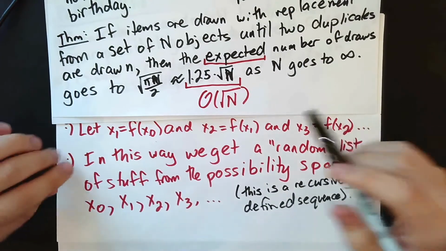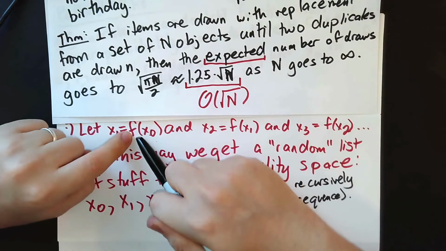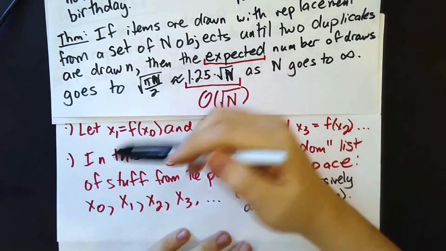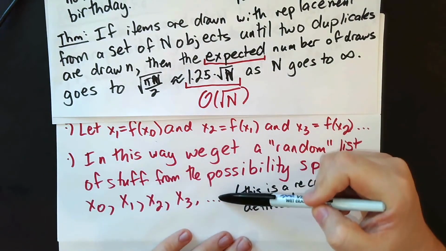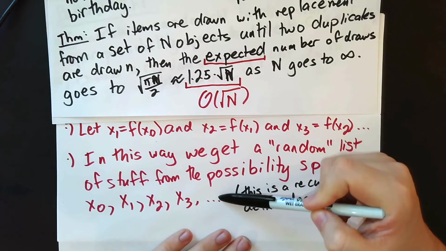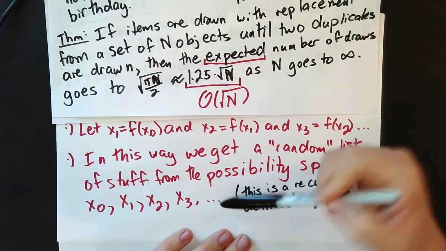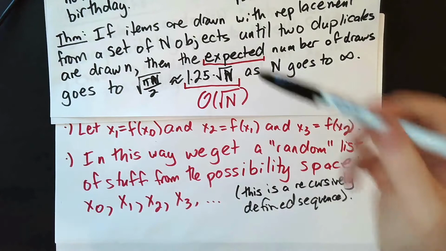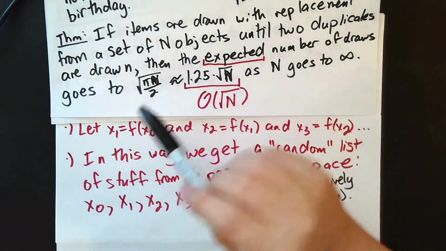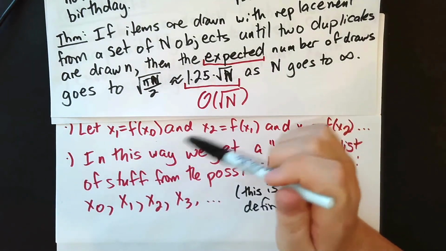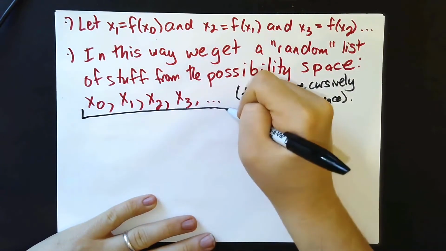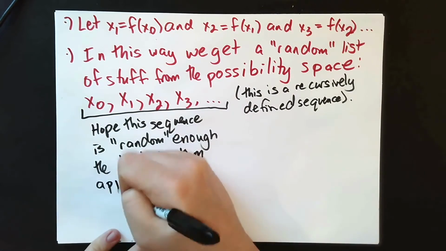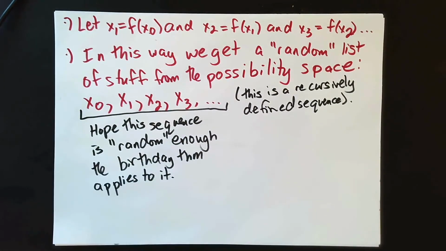We hope that our function f is sufficiently strange, or sufficiently weird, that basically this list behaves in a way that is quote-unquote random enough that this theorem still applies. In other words, as long as we're careful that there's no mathematical reason why this sequence should do anything in particular, then we hope we can more or less apply the birthday theorem to it, even though it's not technically random.